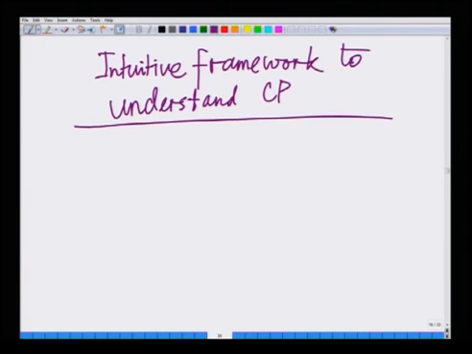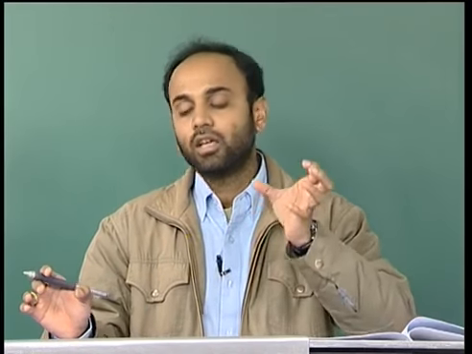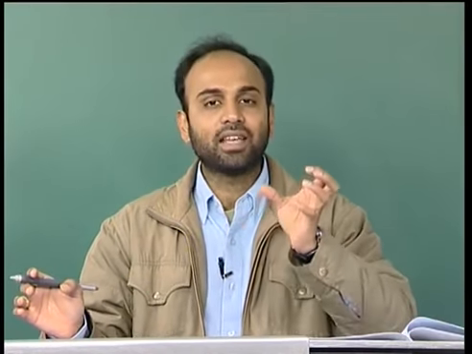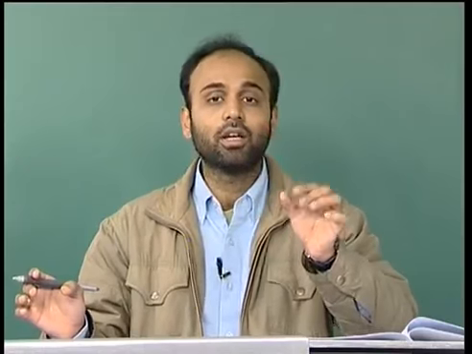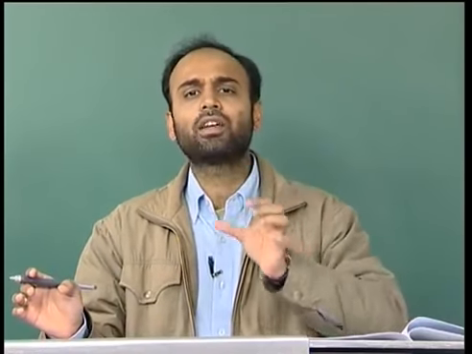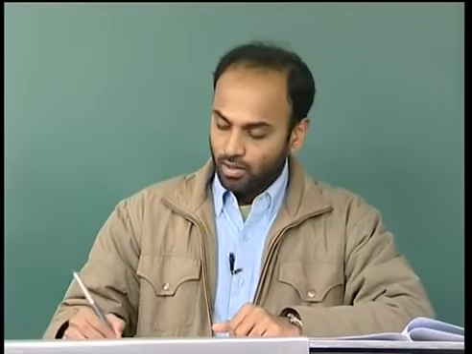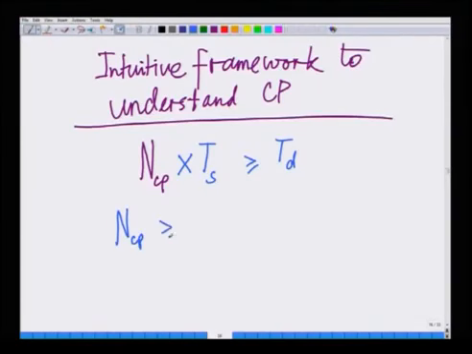The number of symbols in the cyclic prefix, NCP, has to be such that the number of symbols times the symbol time is greater than or equal to the delay spread. Remember, the duration of the cyclic prefix should be greater than the delay spread. The cyclic prefix has NCP symbols, each of duration Ts, which is 1 over b, the sample duration. So, NCP times the sample duration should be greater than the delay spread, which means NCP should be greater than or equal to Td over Ts.